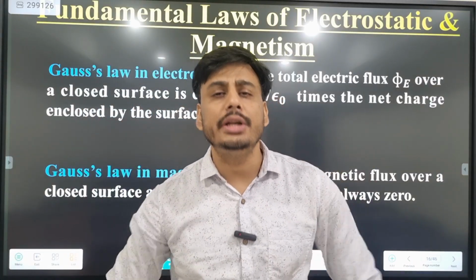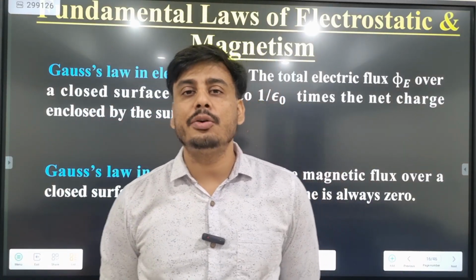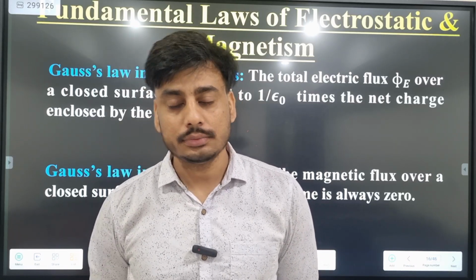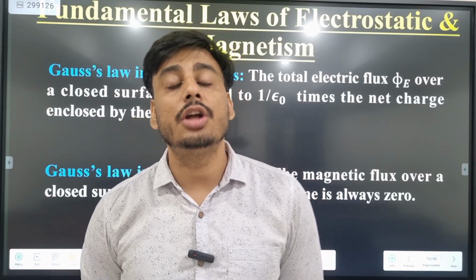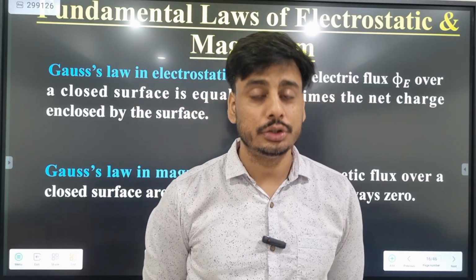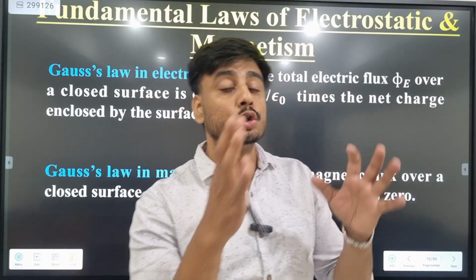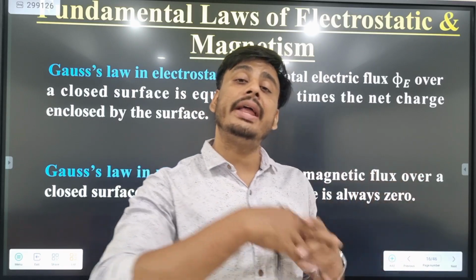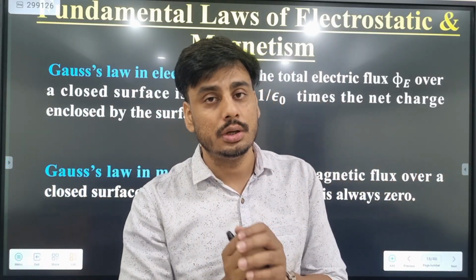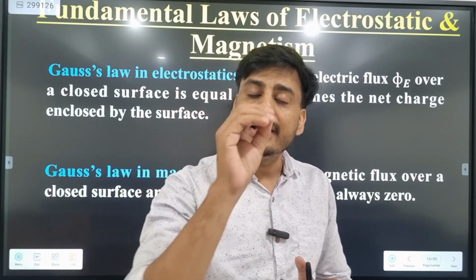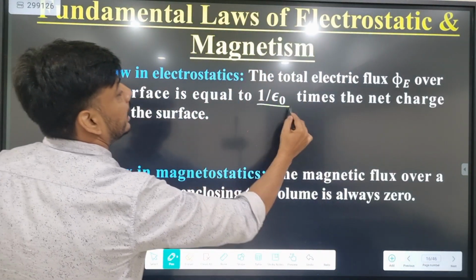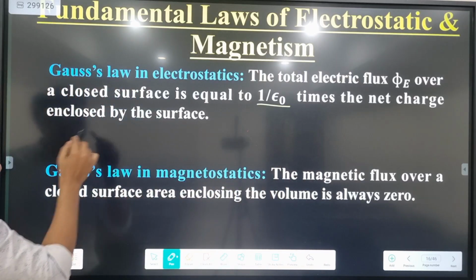So what is Gauss law in electrostatics? Gauss law in electrostatics states that the net electric flux, where electric flux is the dot product of electric field and area vector, through any closed surface of any shape, any random surface you can take, but it should be closed, in an electric field is equal to 1 by epsilon naught times the net charge enclosed by it.